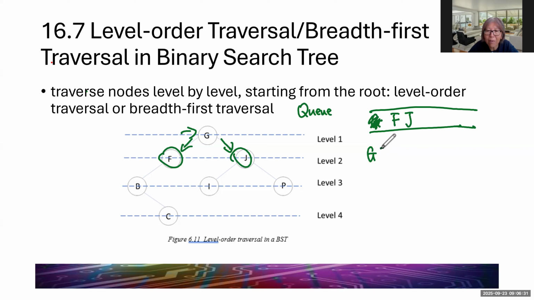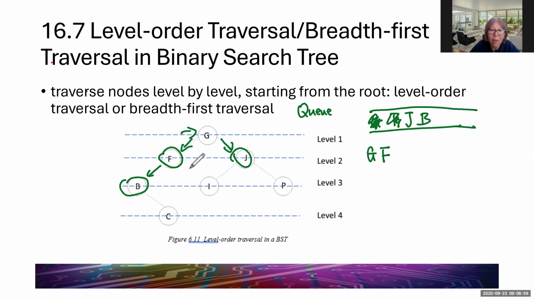So F, you empty out, but you need to add its child node to the queue. So it's B. Each time you remove an item from the queue, you need to add all of the child nodes of that node to the queue.